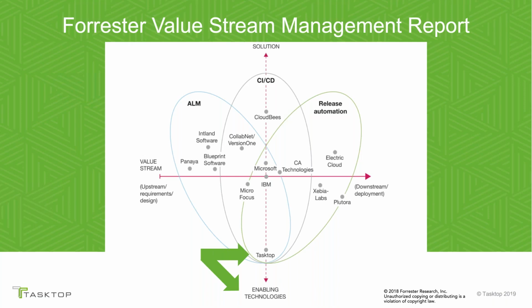But Forrester pointed out that Tasktop is the only enabling technology. And since we are an integration tool, that's what we do, is we can help enable across all of these tool sets your value stream management and a value stream architecture.